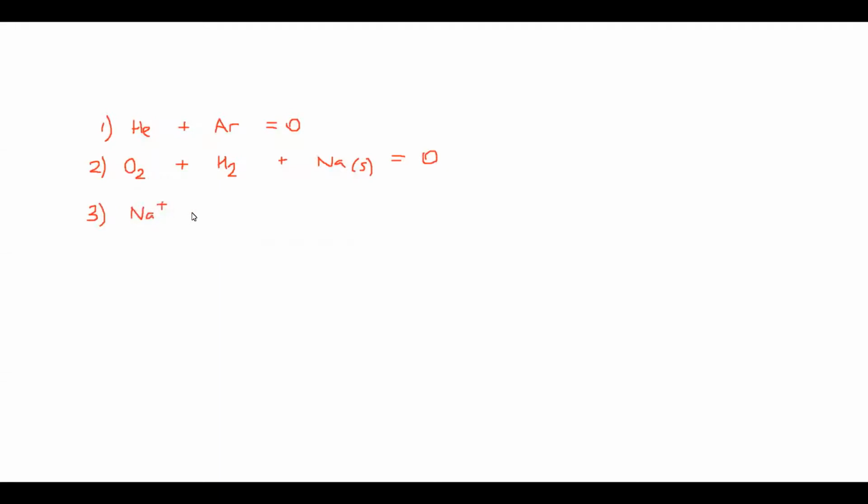Oxidation numbers are easy to assign for monoatomic ions, such as Na+ or Fe3+, as when they're by themselves, the oxidation number just equals the charge on the ion. So for sodium, it would be +1. For iron, it would be +3.